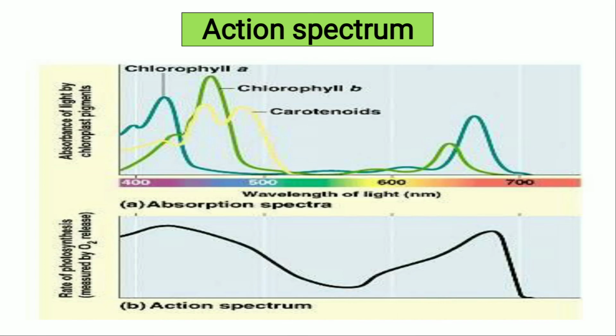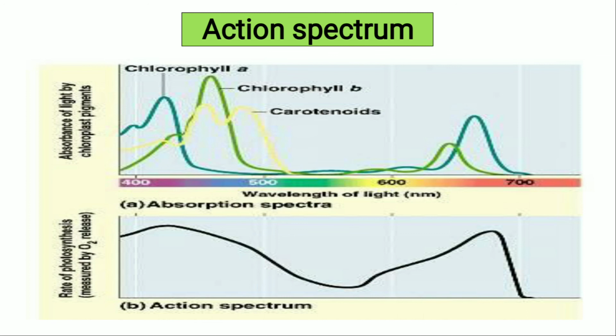Okay, then action spectrum. You see chlorophyll A, chlorophyll B and carotene. This is the rate of photosynthesis.